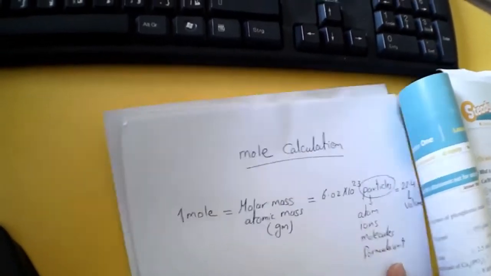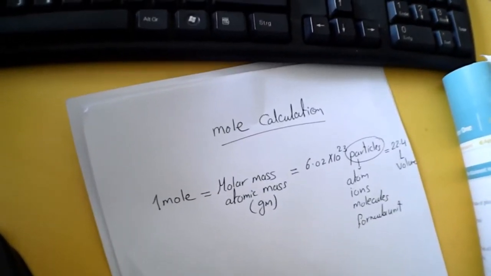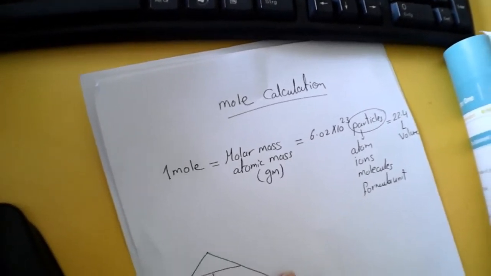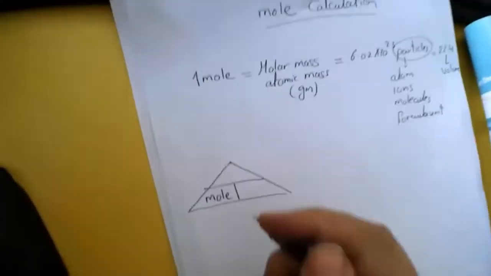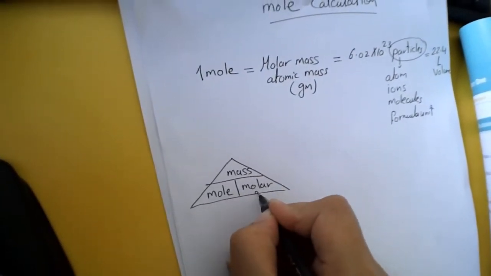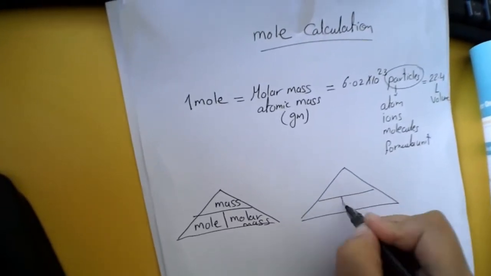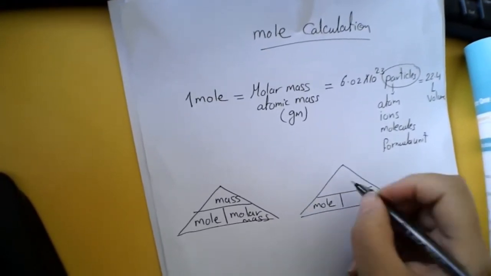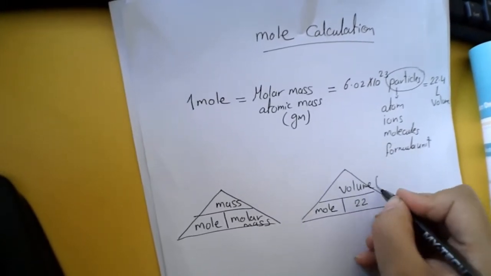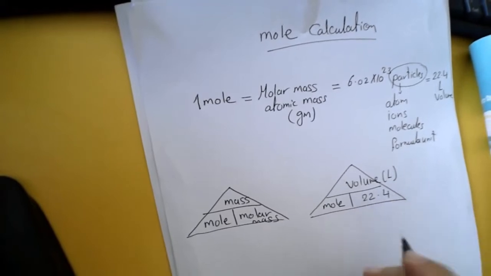We can do this in the magic triangle as we learned before. So we can calculate the mole by dividing the mass over the molar mass. Or we can calculate the mole by dividing the volume by 22.4 liters.